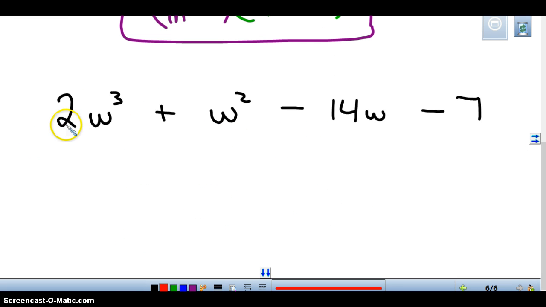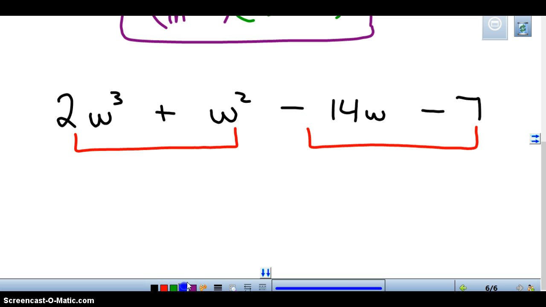If we have to factor 2w cubed plus w squared minus 14w minus 7 by grouping, we would group these two and these two. What is the greatest common factor of 2w cubed plus w squared? W squared. And what is left? 2w plus 1. What is the greatest common factor here?